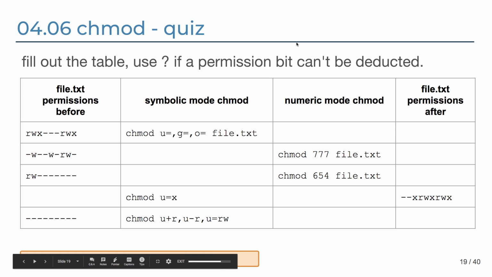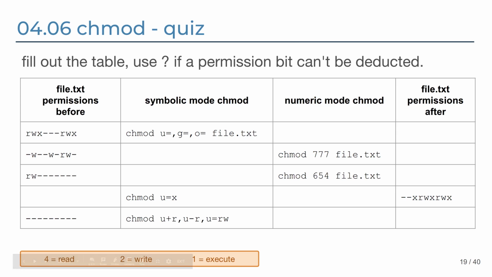Yeah, so that means that there's no more permissions. So here, it's just based on this. So chmod u equal rwx, g equal rwx, because it's 777.